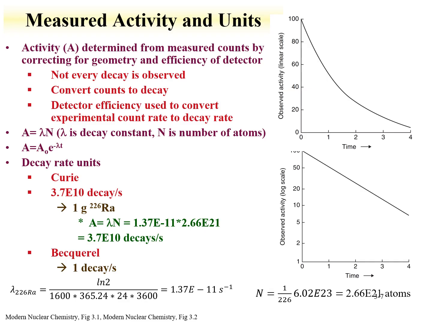These terms are then used to determine the activity by multiplying the decay constant times the number of atoms. So there are two activity units that are used, the becquerel, decay per second, and the Curie, this 3.7 times 10 to the 10th decays per second.